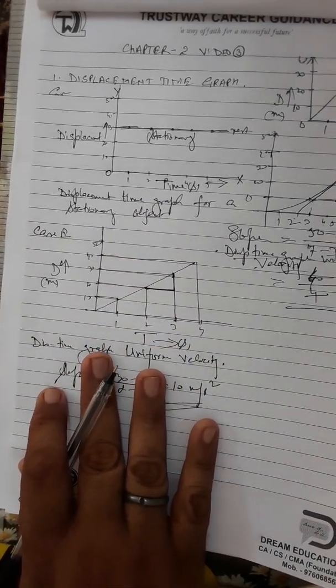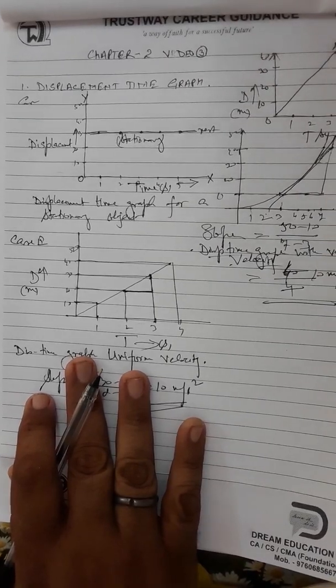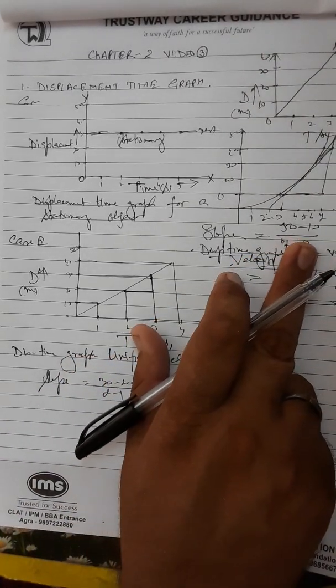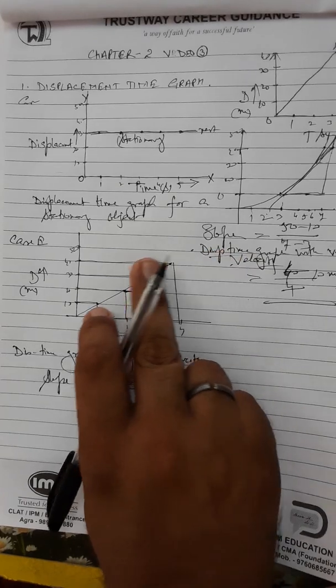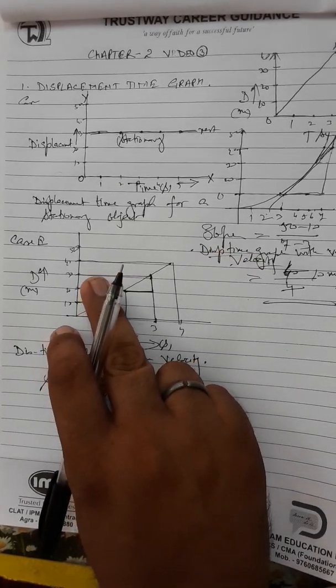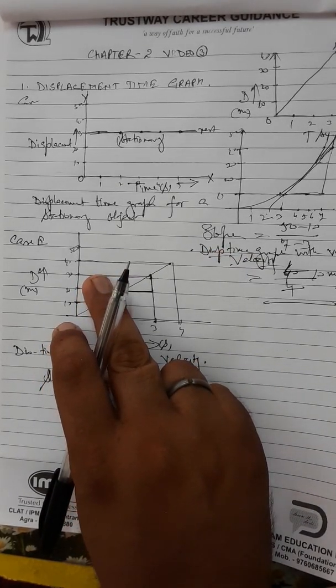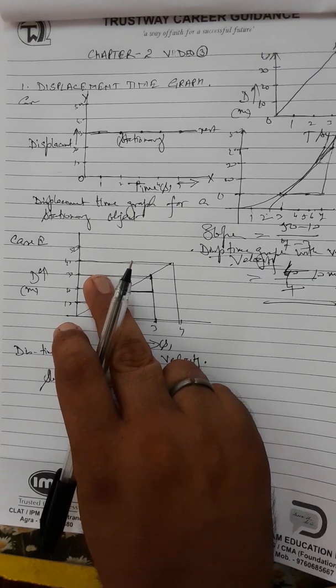Third, if the graph is a curve, the motion is of non-uniform velocity. The slope of the straight line or the tangent to the curve at an instant gives the velocity of the object at that instant, because velocity is equal to displacement upon time.